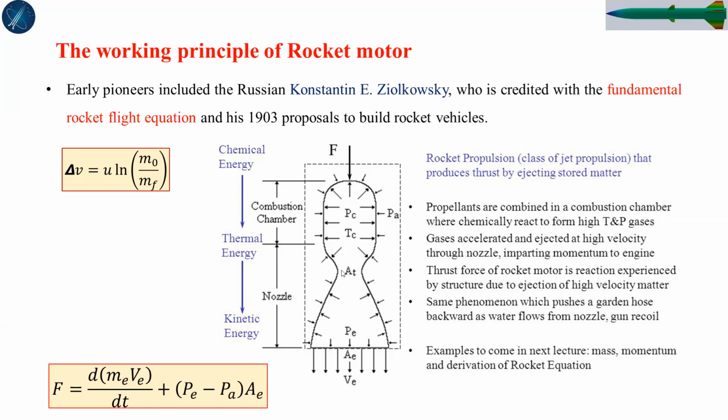Again, the area at the throat. The throat is the minimal dimension of the nozzle. High pressure, low velocity gas comes out from this point, and then it starts to accelerate at a high rate when it comes out here. So this is the exit area, exit pressure, exit velocity.